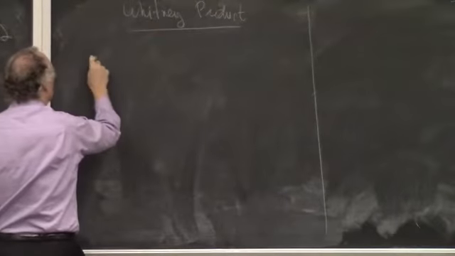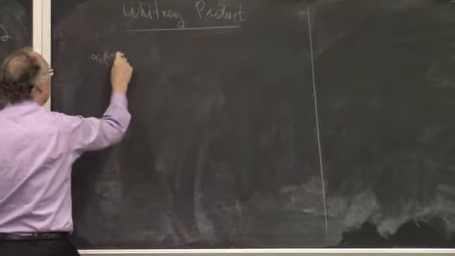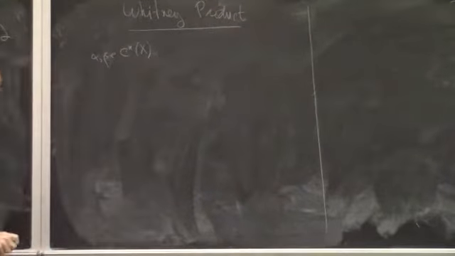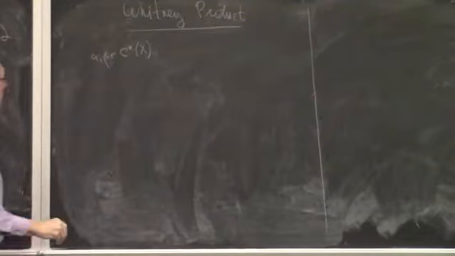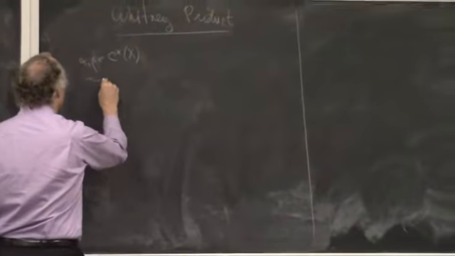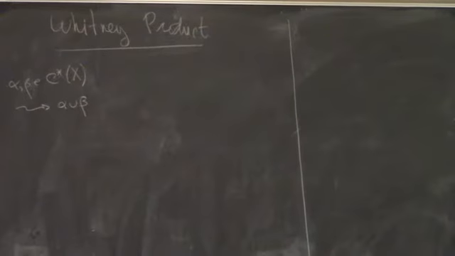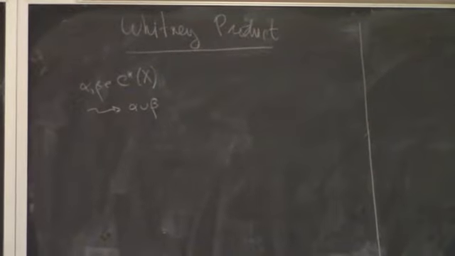So this takes two singular cochains of a space and produces a new one. The Whitney formula for cup product.